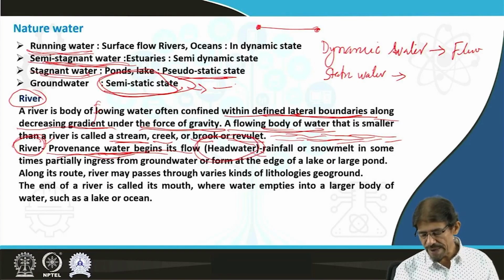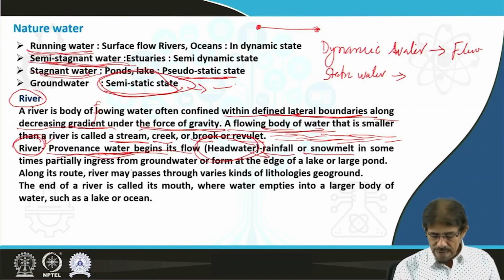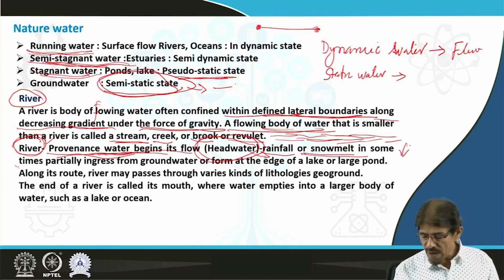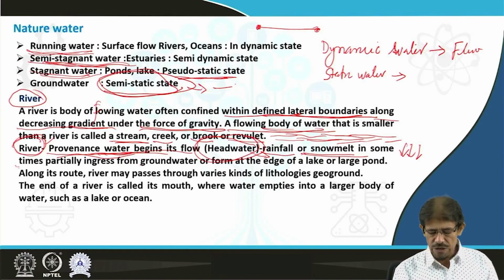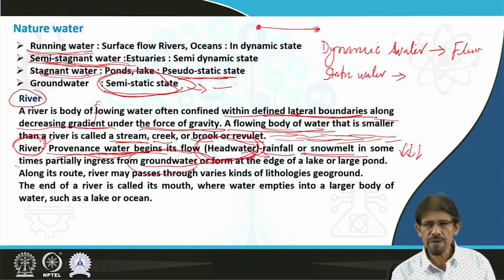This headwater is fed by rainfall or snowmelt, then some of the water may filter down in the form of groundwater. When the level of groundwater exceeds its natural condition, this groundwater also sometimes partially feeds the river as a source.